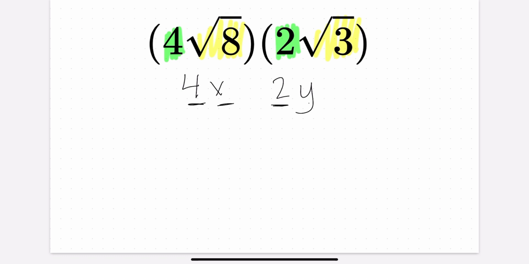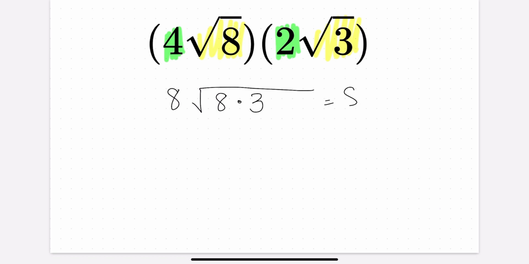And then multiply my variables after that. Same kind of thing. So let's start by multiplying my coefficients. I get 4 times 2, which is 8. The product rule says I can multiply my radicals if they're being multiplied together under the same radical symbol. So I'm going to simplify it to say 8 times the square root of 24.